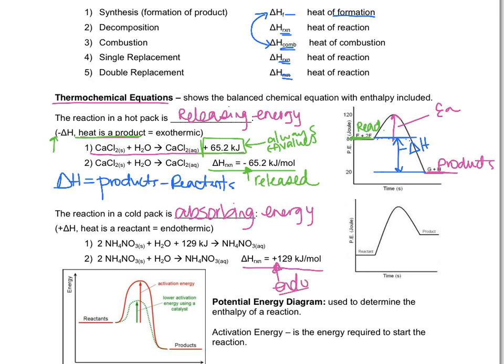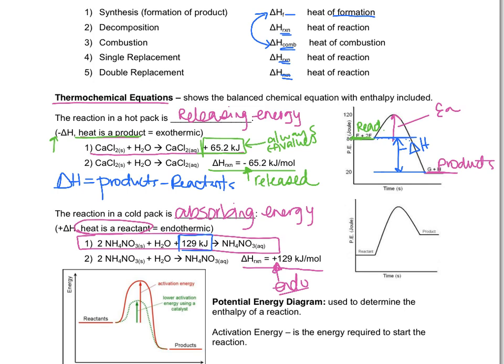That tells somebody that it's absorbing energy. But when we write it on the inside, as in this first part, heat is a reactant, or going in. So notice we wrote it right here, again as a positive value, because anytime you write it inside the reaction, it's always going to be positive.